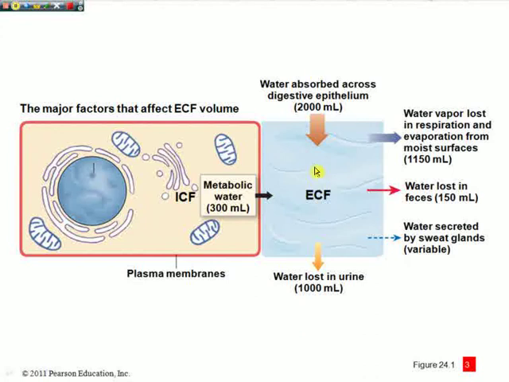Some water is absorbed from the digestive system. But when this level in the ECF drops below a certain level, then fluid from the ICF is going to move across the plasma membrane into the ECF.